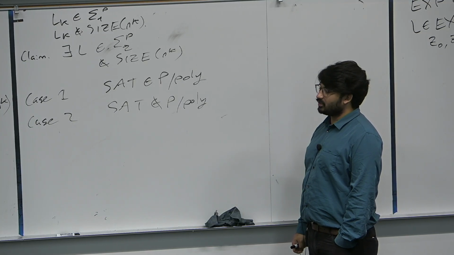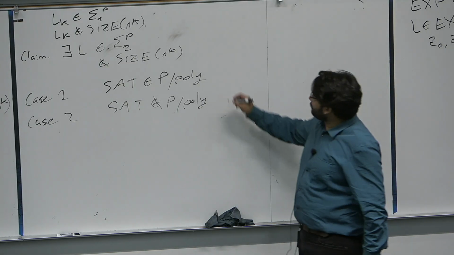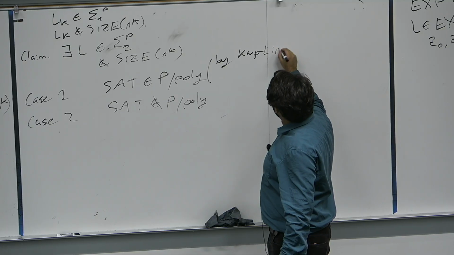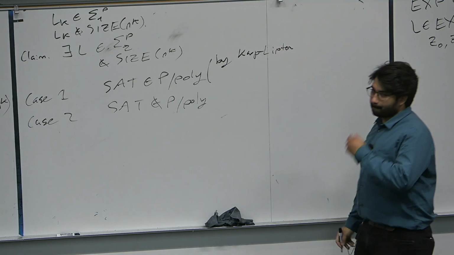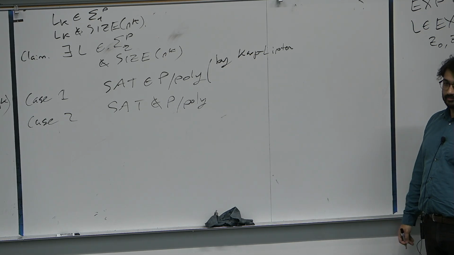What did Karp-Lipton tell us? The hierarchy collapses. To what level?